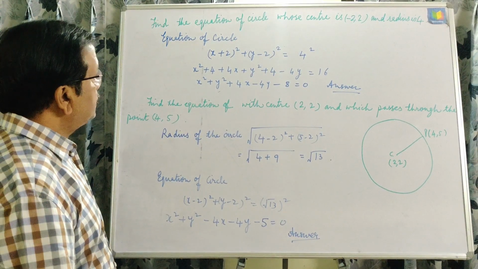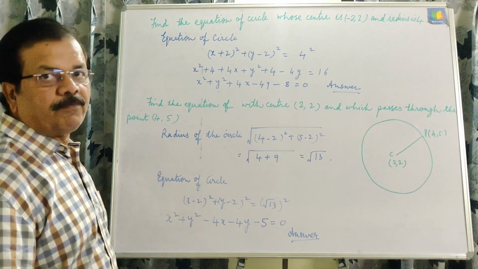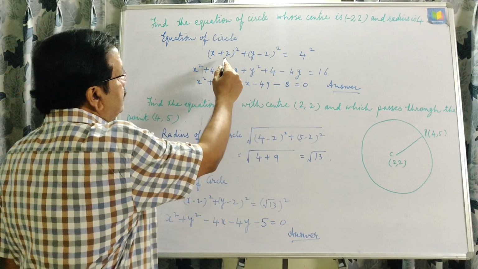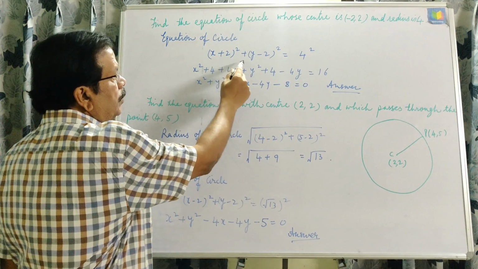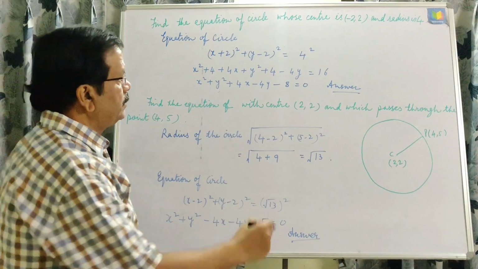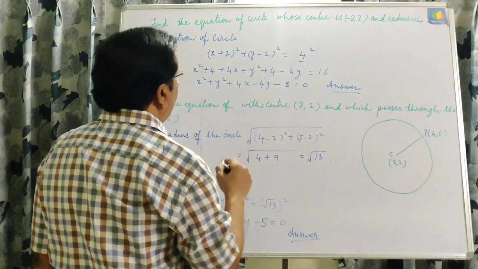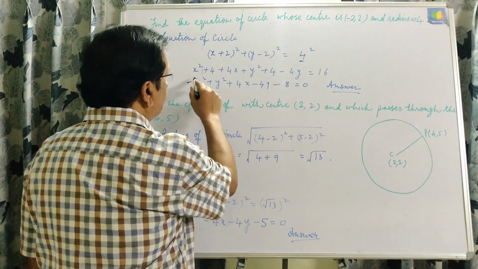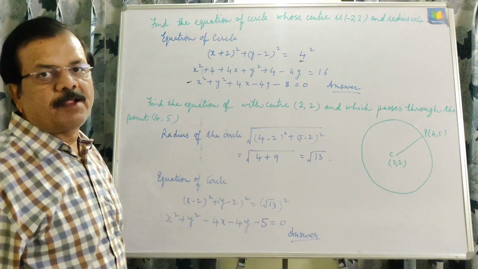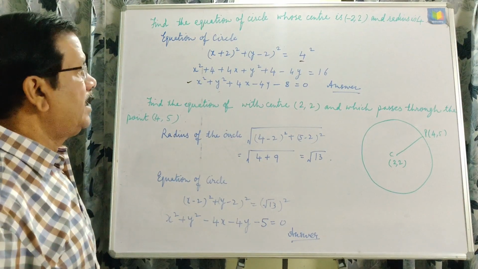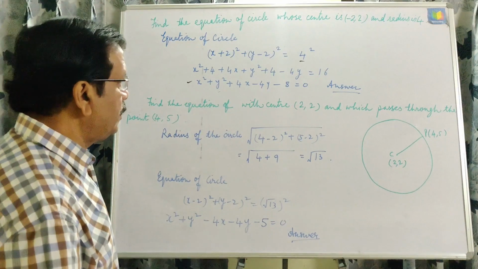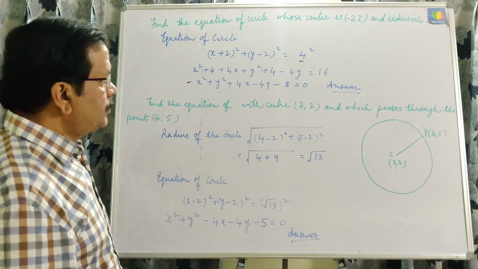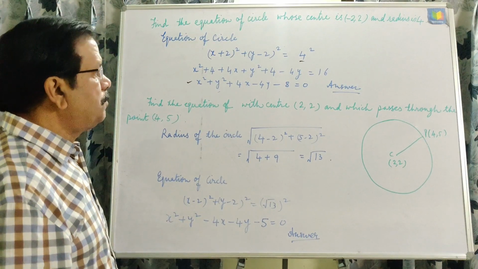We will do this question with the help of the first formula, that is (x + 2)² + (y - 2)² = radius squared, and then squaring and adding we get the equation of circle x² + y² + 4x - 4y - 8 = 0. Very easy question.